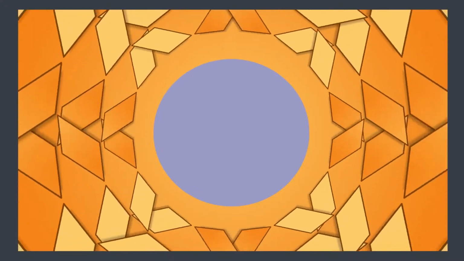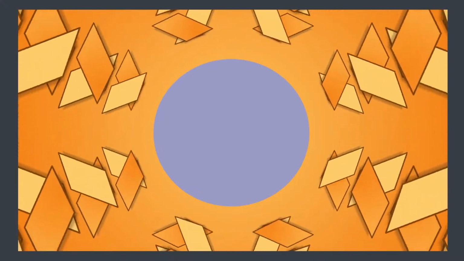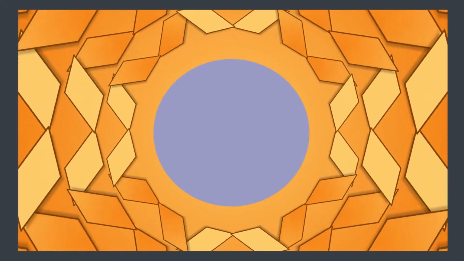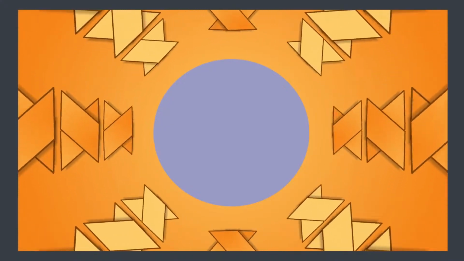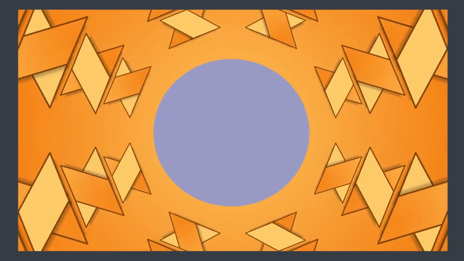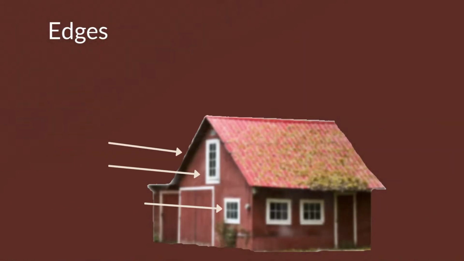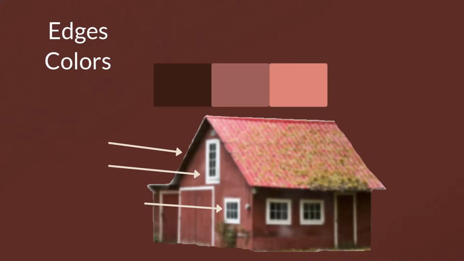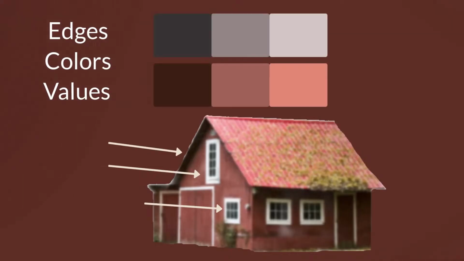But as other things changed around it, negative shapes and positive shapes, we've seen how those changes also changed the disk. Any shape's essential essence is determined by how its edges define it, how its color defines it, how its value defines it, and how its textures define it.